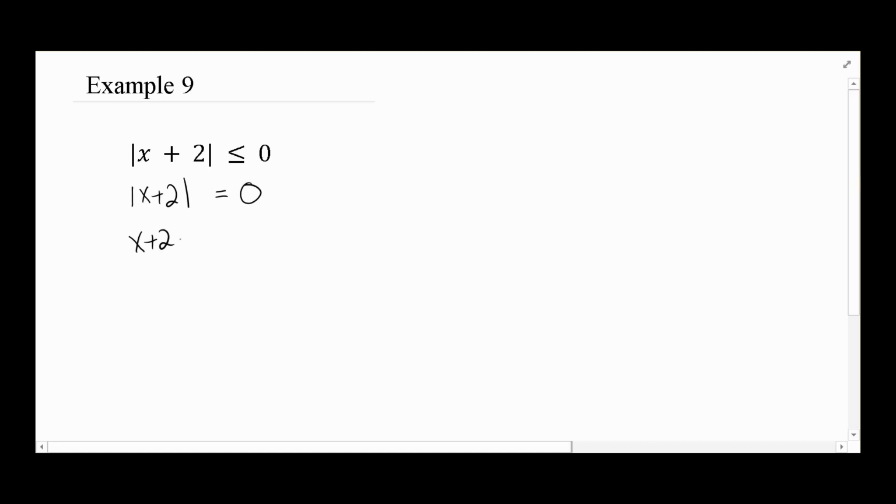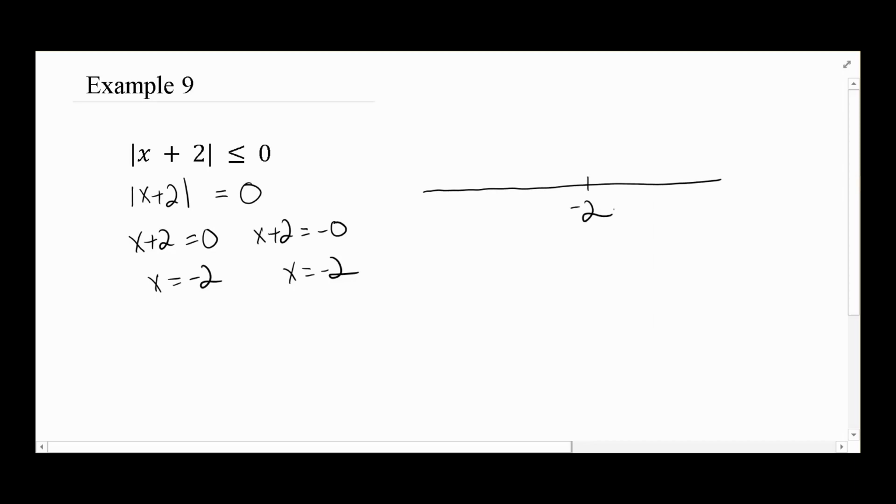So we can use the absolute value property and break this up into two separate equations. And like before, we're going to get negative 2 for both, and so we only list it once. Looking back to the original inequality, though, this one has a closed circle because we were allowing equality.